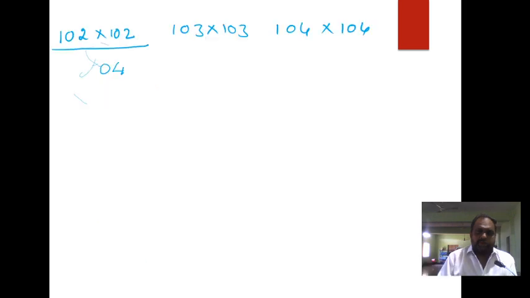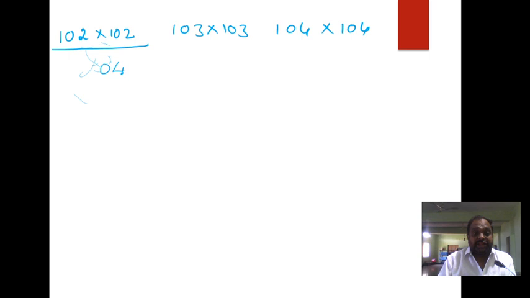Suppose 3 3s are 9, 0 9. 4 4s are 16, we are getting a 2 digit number, so no need, you keep 16 just like that. 2 2s are 0 4, 102 plus 2, 104. This is the answer.